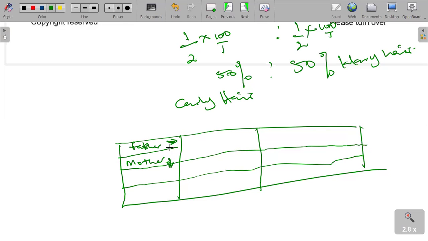So the father is RR and the mother is RT, and then we can cross them. This R and that R, we have RR. This R and that R, we have RR. Then this T plus that R, we have RT, and this T with this R, we have RT again.